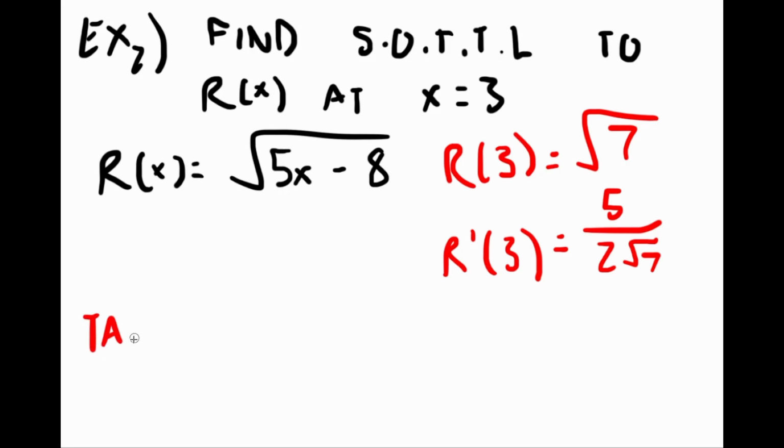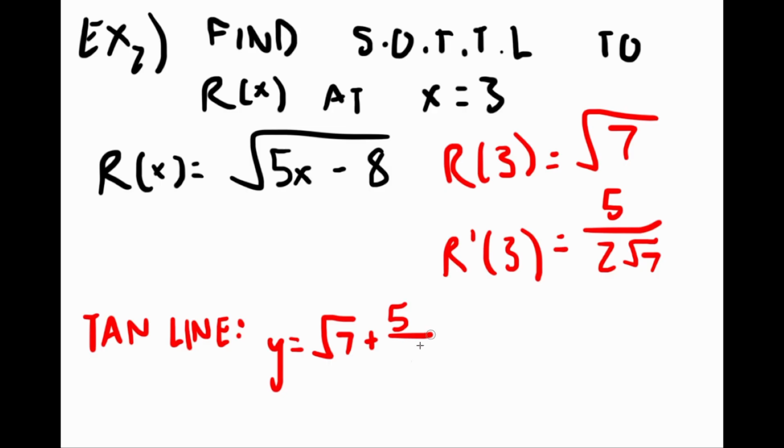So our tangent line, as we said before, is y equal to f of a, which is just going to be r of 3, so square root of 7, plus, I might have said minus before, but it's actually plus f prime of a, which is 5 over 2 square root 7, times x minus a, which is 3.